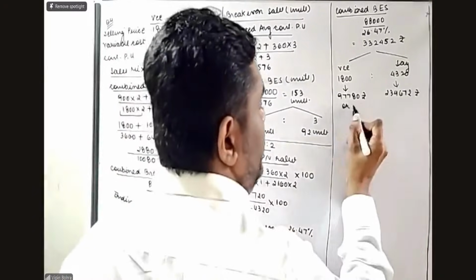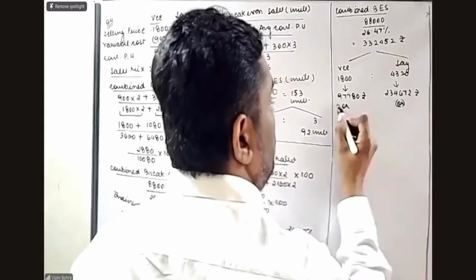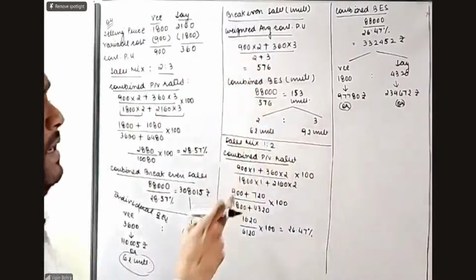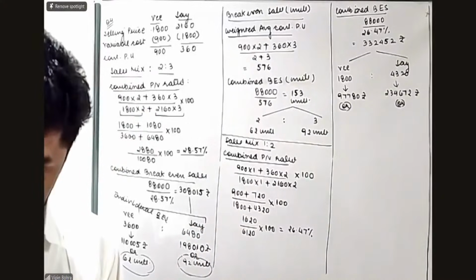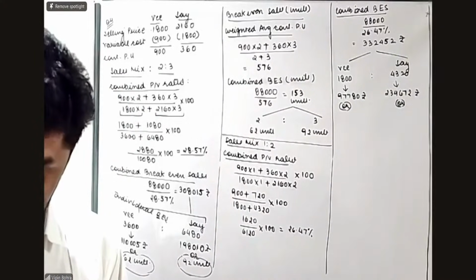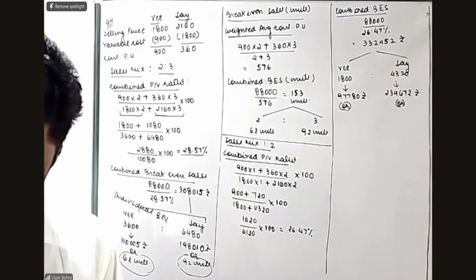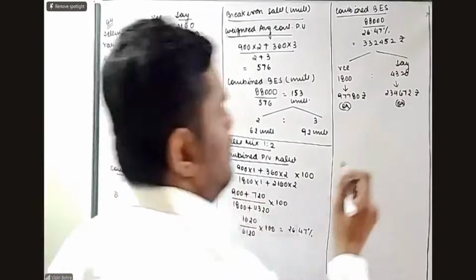If you want to calculate it in units, we have to simply divide it by our selling price, that is 1800 and 2160. It is 109 units.